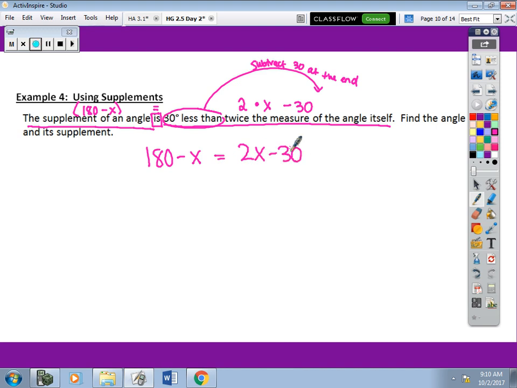Now the reason I drop off the parentheses right here is because there's nothing going on outside of them. In some of our other examples, you might see 2 times the supplement where you'd have to distribute a 2. But I'm able to just drop those off since that's the only thing over here. Go ahead and solve for x, finding the measure of the angle itself and also the measure of the supplement.